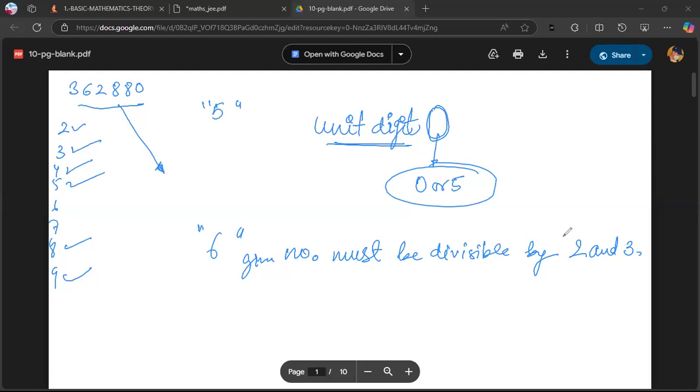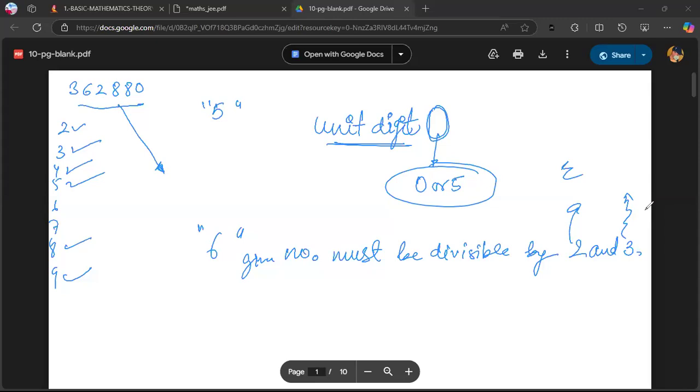And how will we check the divisibility of 2? How will we check whether the given number is divisible by 2 or not? Whether it's an even number, meaning the last digit. Yes. So for 2, the number should be even, and for 3, we should add the digits. For example, if it gives 27, and 27 is a multiple of 3, it will be divisible.